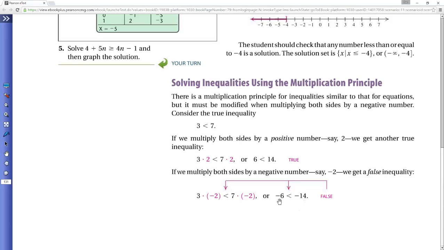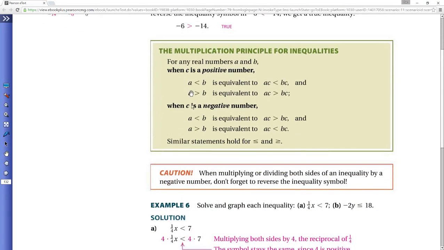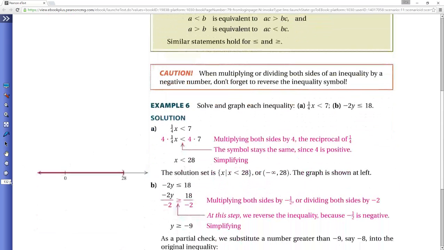Well, is negative 6 less than negative 14? Or, in other words, I still like doing this, especially when we get into negatives: is negative 6 left of negative 14 on the number line? No, that's not true. So when we multiply or divide by a negative, we have to reverse the inequality symbol, and that's what they're doing here. Okay.